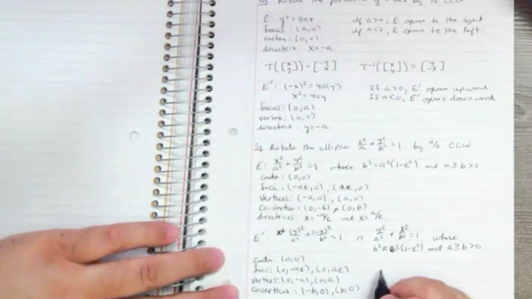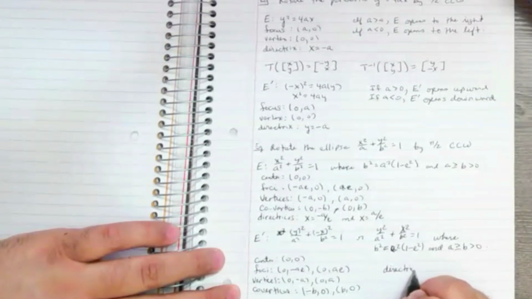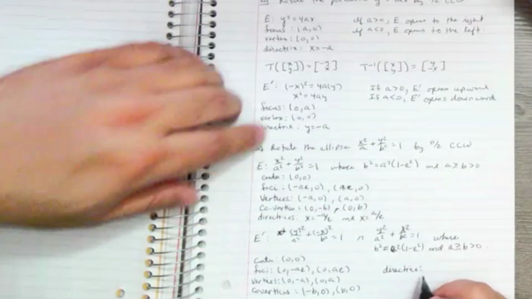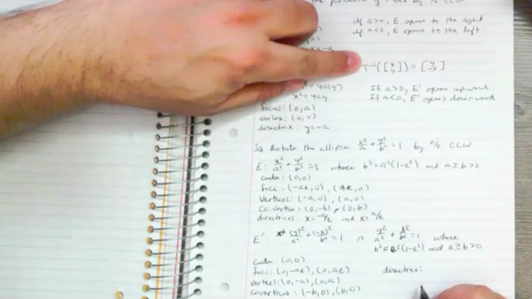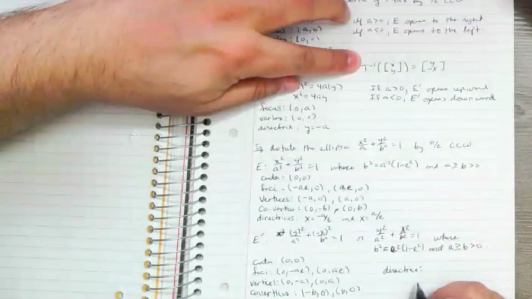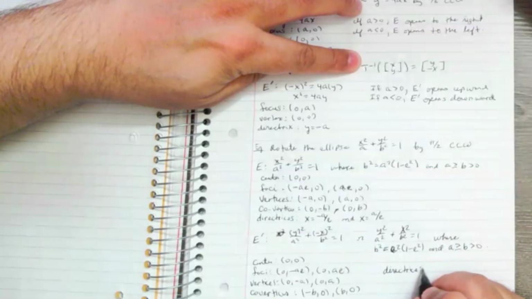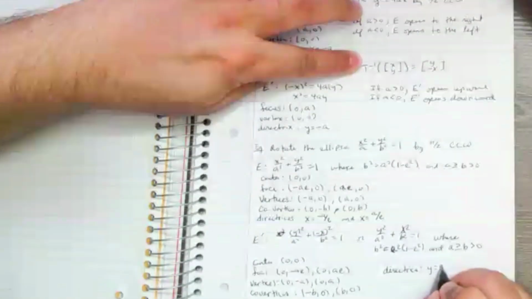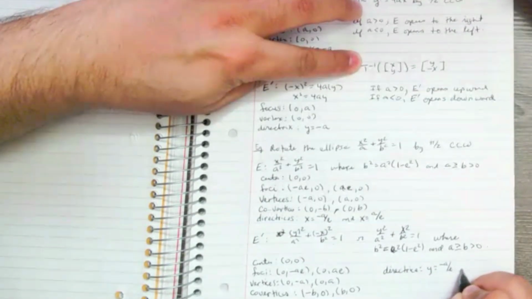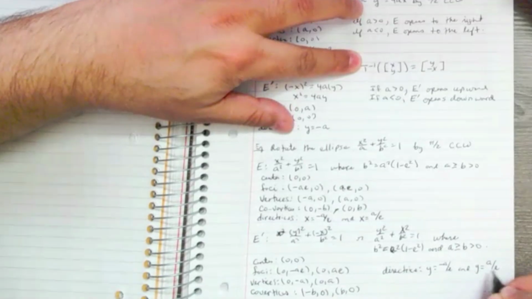And finally, the directrices we determine by applying the passive transformation. And so we have y is equal to negative a over e, and y is equal to a over e.